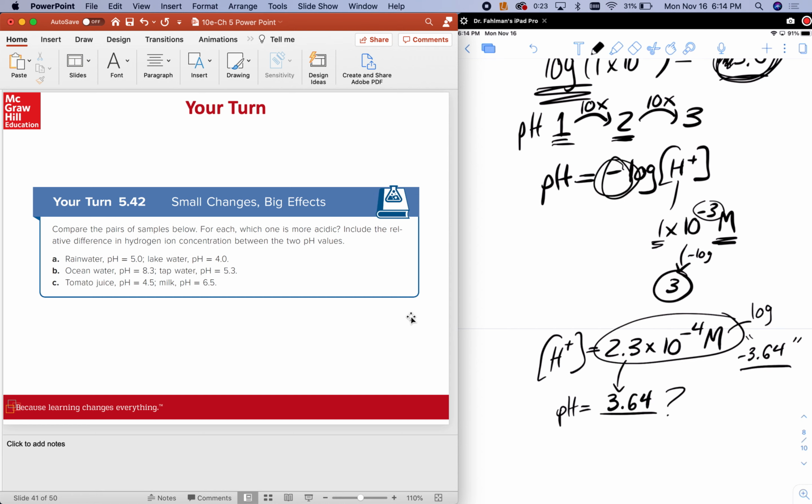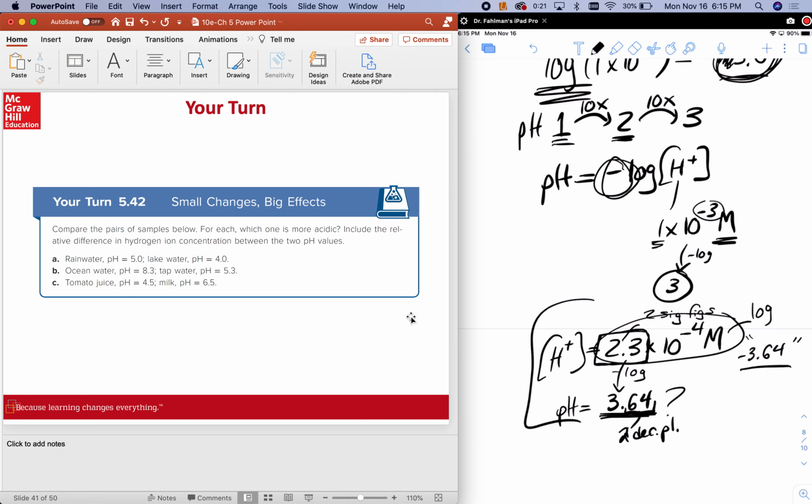3.64. Okay, and with significant figures, it's worthwhile pointing out, logs have different rules for sig figs. So whatever your sig figs are in the concentration, so here this is 2 sig figs, then your pH, after you do the negative log, should have 2 decimal places.